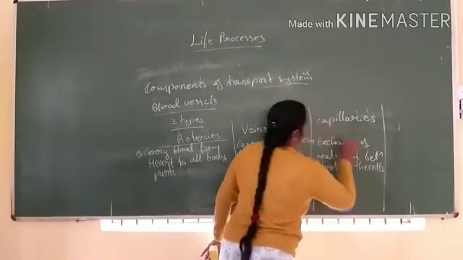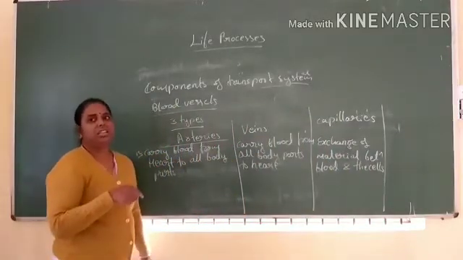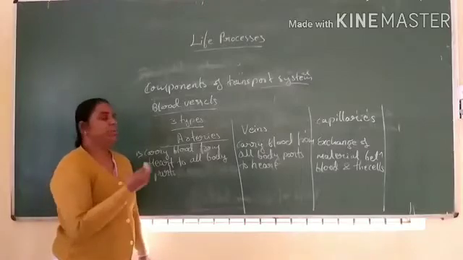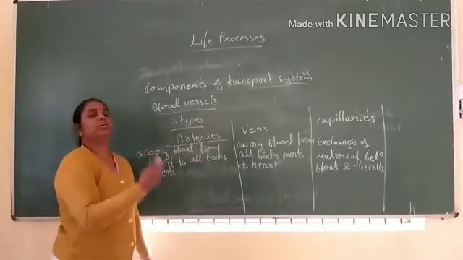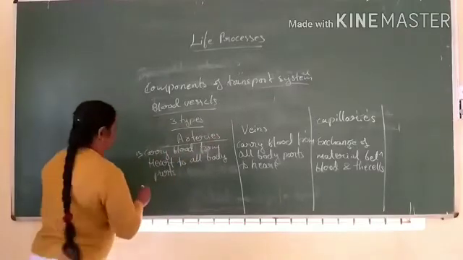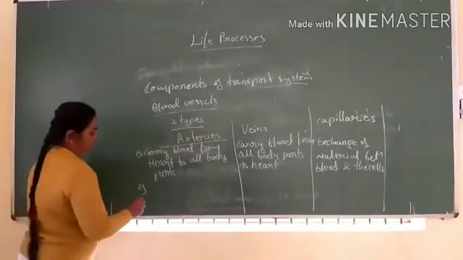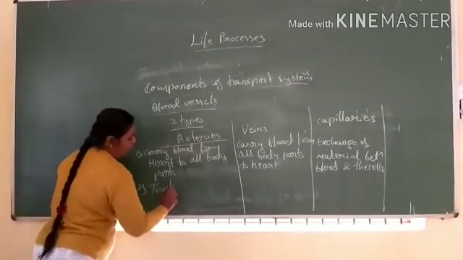That means the capillaries are in direct connection with the body cells. So any material which has to be exchanged between the blood and the body cells is carried by the capillaries. And next is, the arterial wall is very thick and muscular. They have got a thick wall.